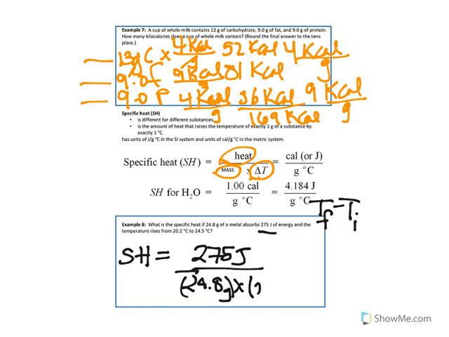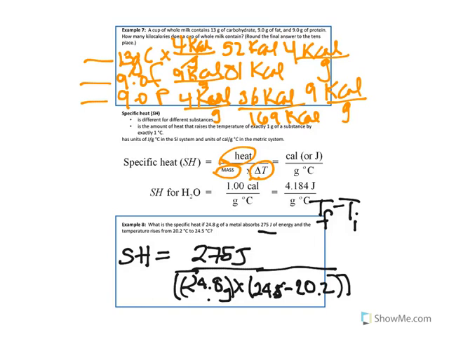The final temperature minus the initial temperature. The final temperature is 24.5 degrees Celsius minus 20.2. Again, if you are putting this into your calculator as one equation, please ensure that your denominator has parentheses around the whole thing, as well as parentheses separating the 24.5 minus the 20.2 and the 24.8, so that you have the correct order of operations.